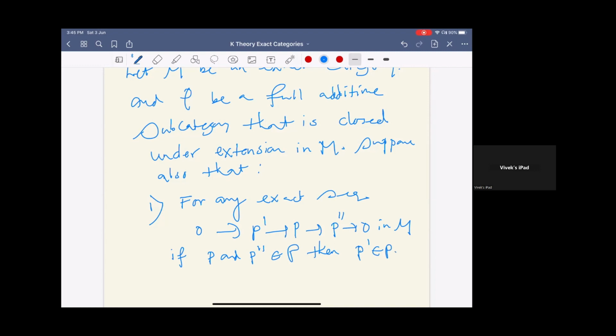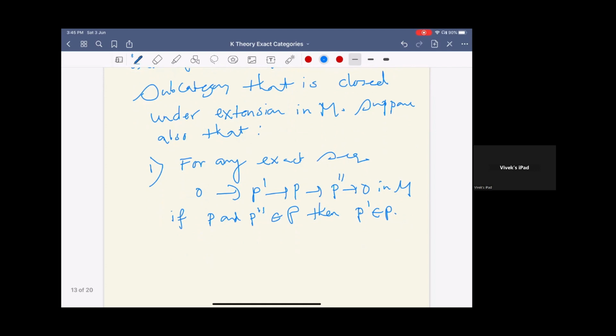That property is called closed under kernels. That means suppose P and P double prime belong to rho, then P prime must belong to rho.